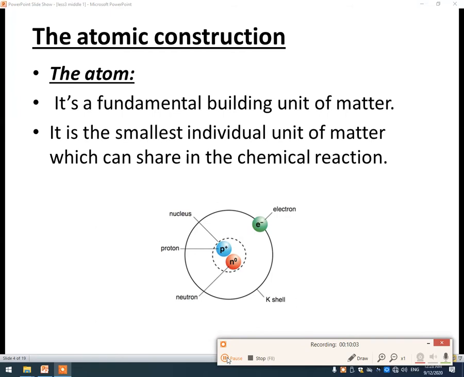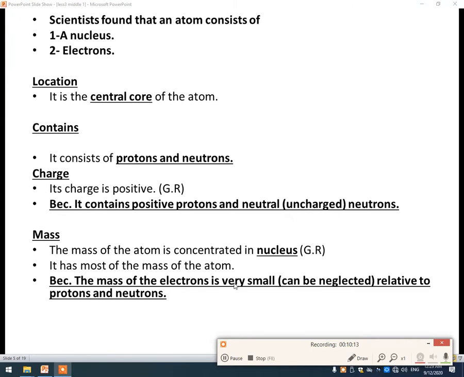And here we have a design or diagram of the atom in front of you. We'll talk about it later. Okay, now let's talk deeply about the atom. Scientists found that the atom consists of two main parts. If you look at the picture on the previous page, you will see that the atom is like a circle, and it consists of a small circle inside it, which is called the nucleus.